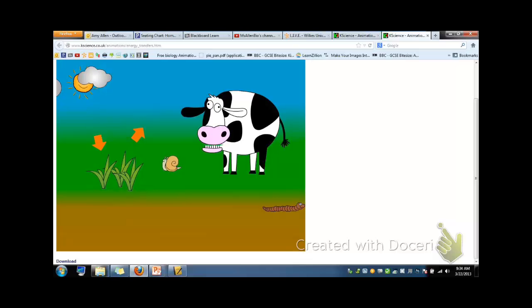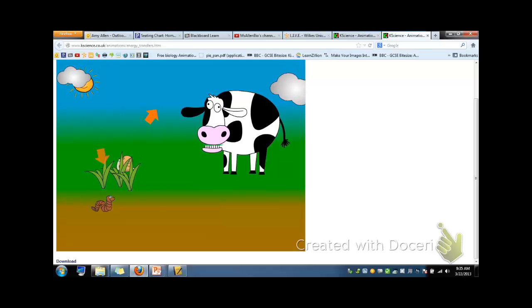Well, it's kinetic energy as his mouth is moving, but what kind of energy does he actually get from the grass to give him that kinetic energy? Chemical energy. So in this case, the energy just transferred place, not form. Chemical energy in the grass goes to chemical energy in the cow.